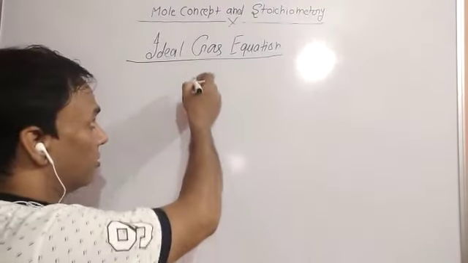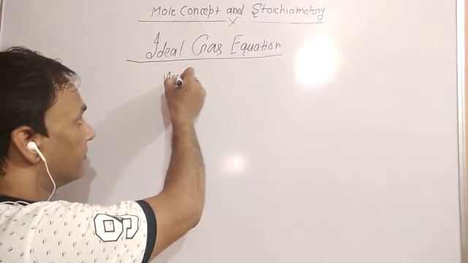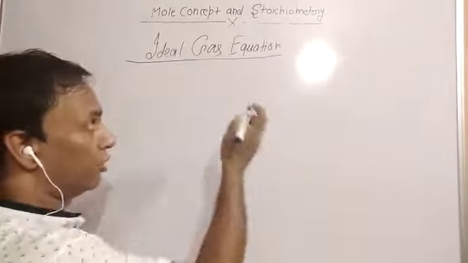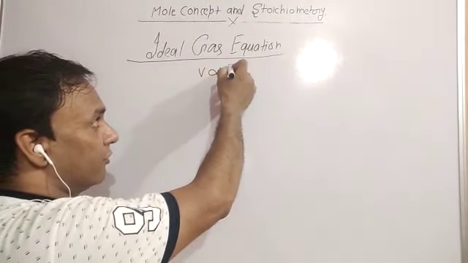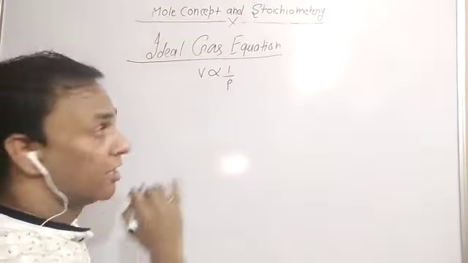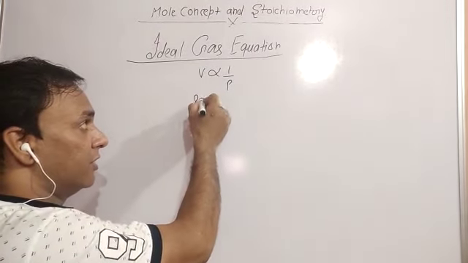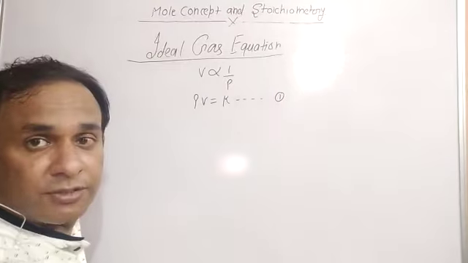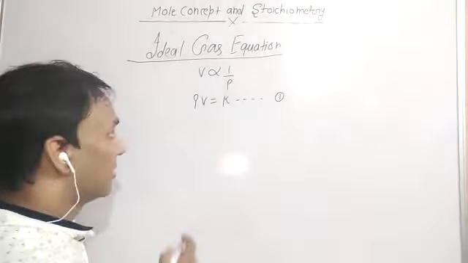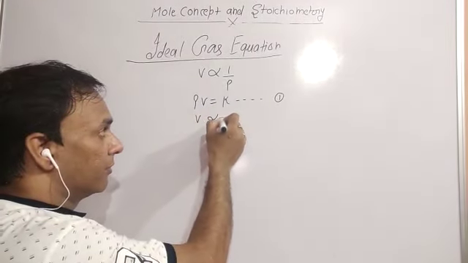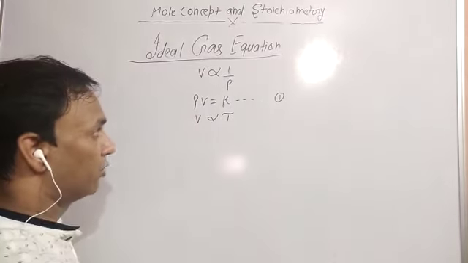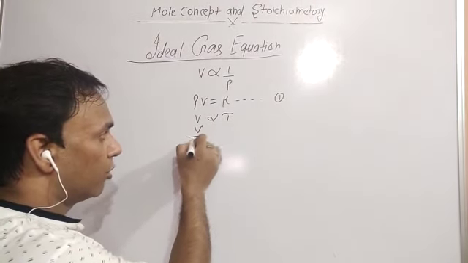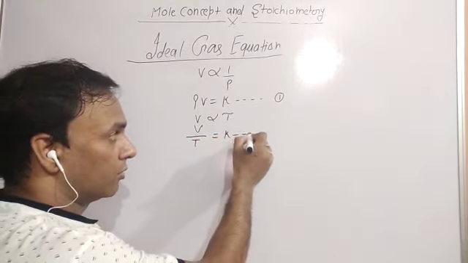According to Boyle's law, volume is inversely proportional to pressure, meaning PV is equal to a constant. This is the first equation. According to Charles' law, volume is directly proportional to absolute temperature, meaning volume upon temperature is equal to a constant.